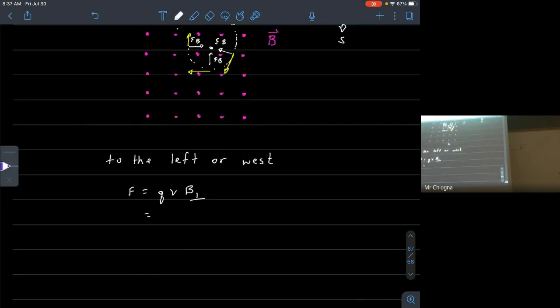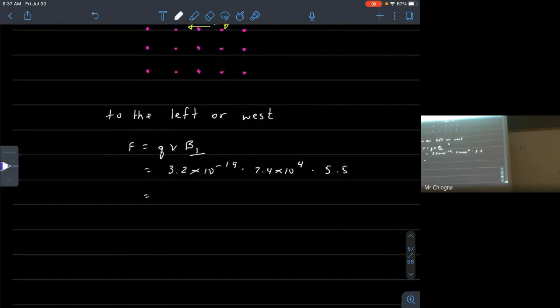So the charge is twice that of a proton, 3.2. And the speed is 7.4. And the magnetic field is 5.5 Teslas. Okay, so that works out to be 1.3. Looks like it's 13. Okay, Newtons.